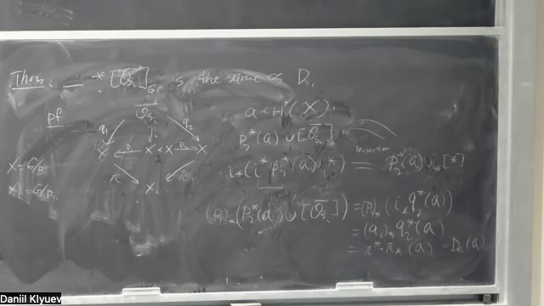But in general, the convolution structure should be on HG of G/B.